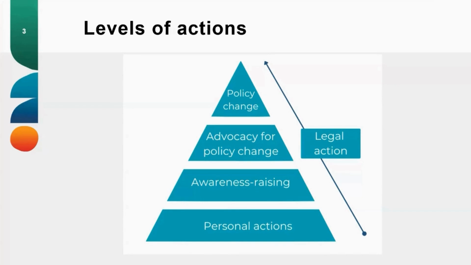But it's important to note that actions at higher levels can also lead to changes at the levels below them. An example of this is changes in policy that can lead to growing awareness over time. For example, seatbelt laws. When those were put into place through legal change in our province, they resulted in an increased awareness of the importance of seatbelt use over time.